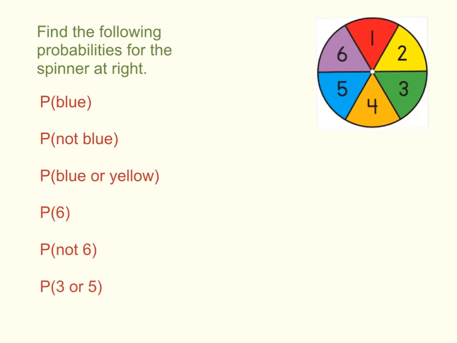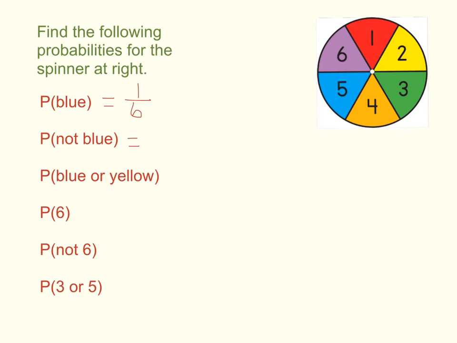So let's do this one together. So I have this spinner at right, and I'm going to find the following probabilities for this spinner. So first off, I want the probability of spinning blue. I have one section that's blue, and there's 6 altogether, so my probability of getting blue is 1/6. My probability of not blue, remember, if I don't want blue, that means everything else is okay.